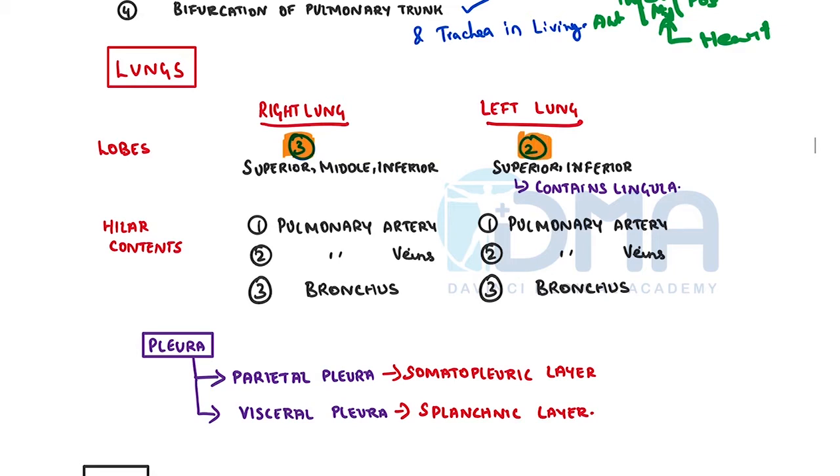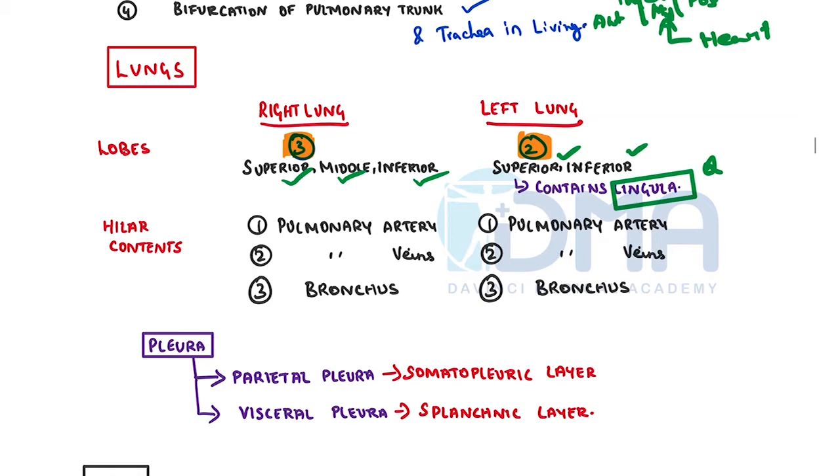The lobes of your right lung are the superior, middle, and inferior lobe, while your left lung has only the superior and inferior lobe, and the superior lobe of your left lung contains the lingula. Very important, people. Lingula is present in what lobe of your lung? The option is the superior lobe of your left lung.